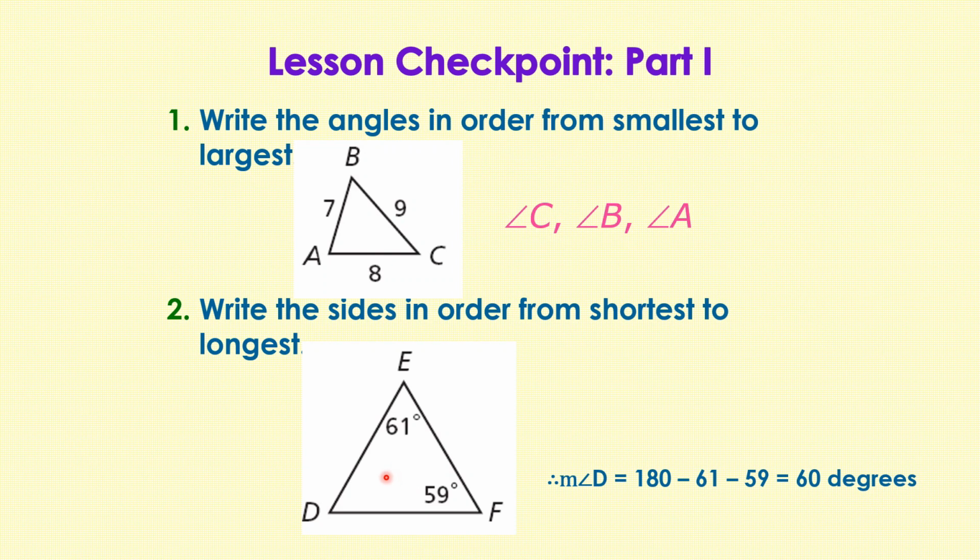The longest side will be opposite 61 degrees, which is side DF. So the arrangement is side DE, side EF, and side DF. Okay, so the smallest angle is opposite the shortest side. Shortest to longest, so smallest to largest angle.